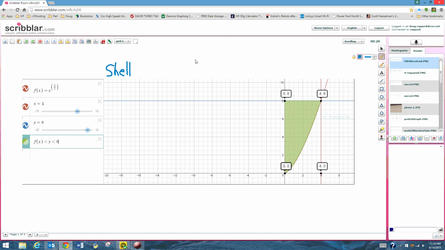We're using, in this case, the shell method means that the little rectangle that we visualize is parallel to the axis of revolution. And remember, we're using the formula 2 pi times, well, since the rectangles are now perpendicular to the x-axis, we'll be integrating along the x-axis, which means we'll be going from 0 to 4.